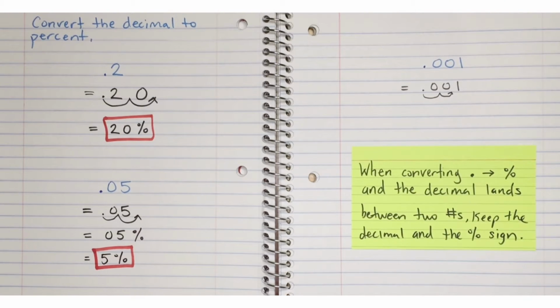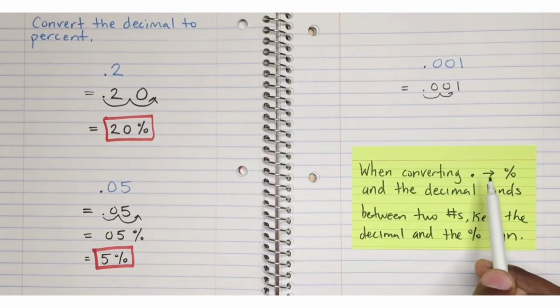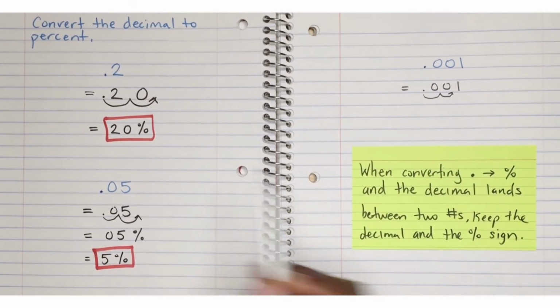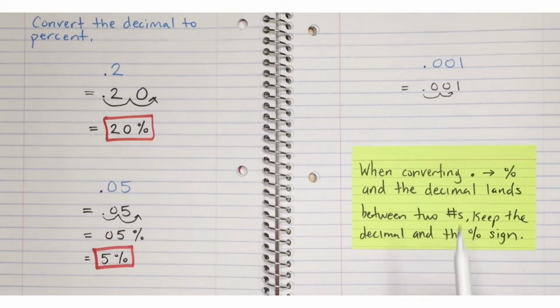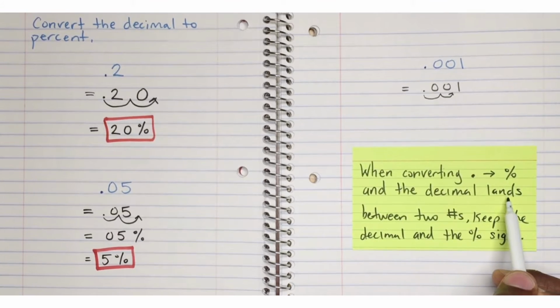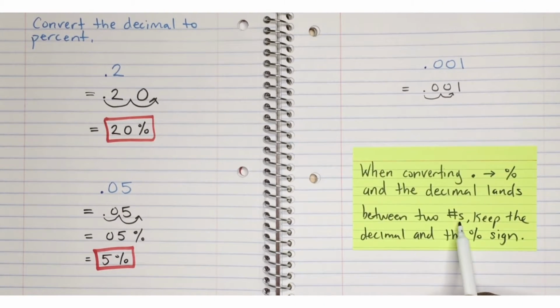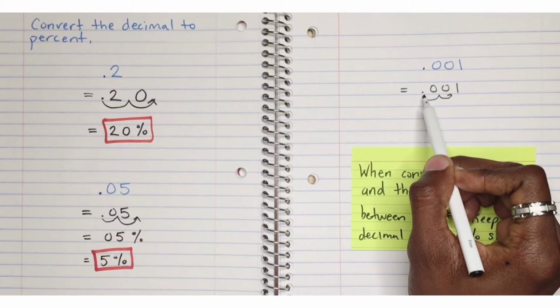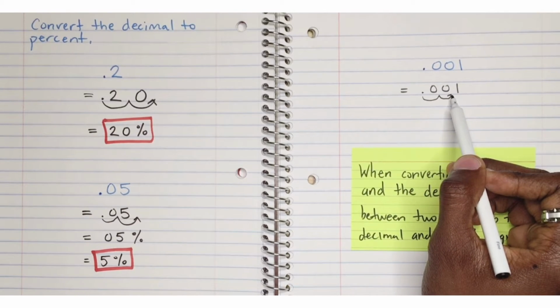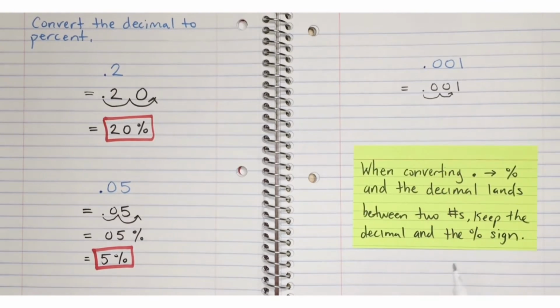All right. So when you convert the decimal to a percentage, as we've been doing here in our examples, and the decimal lands between 2 numbers, that's what's happening here. This decimal is landing in between 2 numbers when we move it 2 spaces to the right. You're going to keep the decimal and the percent sign. So let me show you what I'm talking about.